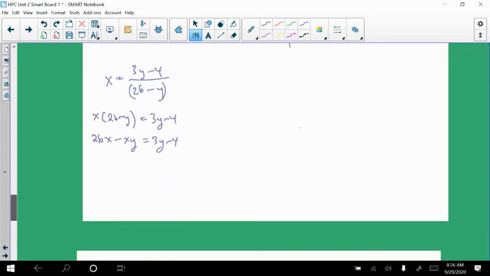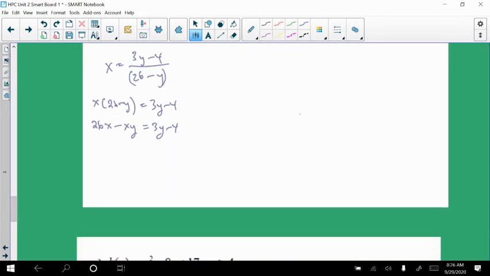And we need to isolate y, so we better put the terms together. So I might move this to the other side and move this to the other side. So I'm going to add 4 to this side. So 26x plus 4 equals, there's my 3y. I'm going to add this xy term over. And let's factor out a y on that right side.